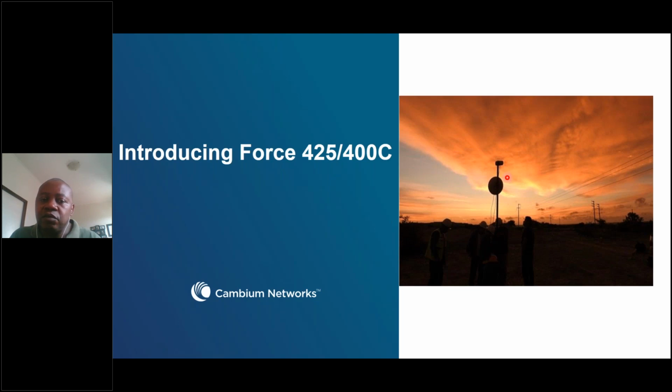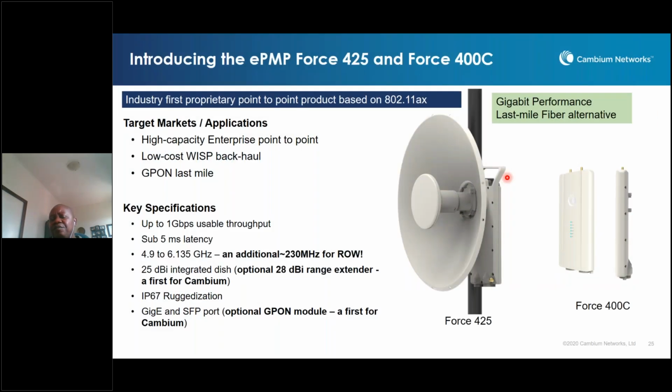Let's get into the Force 400/425. This is a gigabit EPMP radio. It's based on 802.11ax. So for that last mile, where you are struggling to lay fiber, the last 10, 100 meters, where it's just not cost effective to lay fiber, the Force 425 is an option because it does a gigabit.